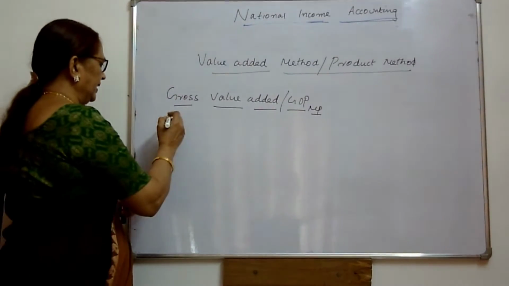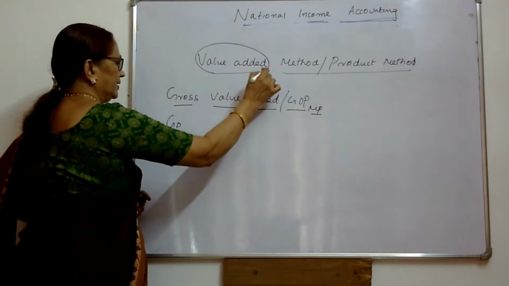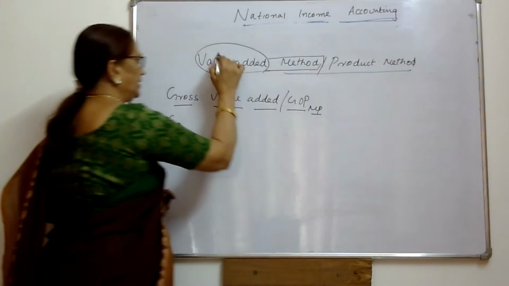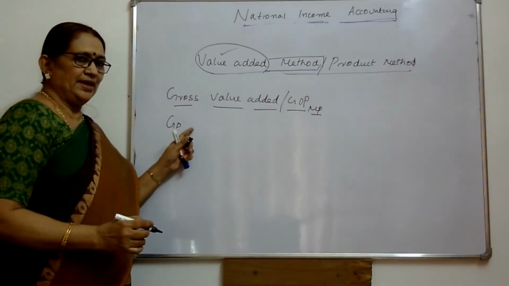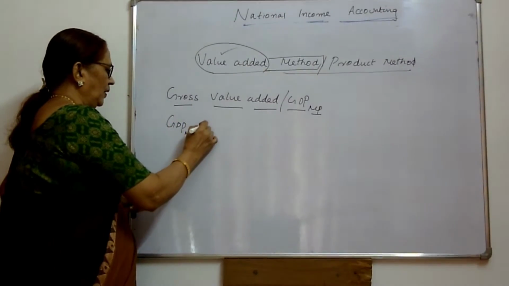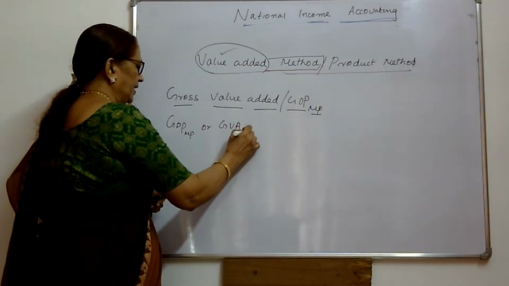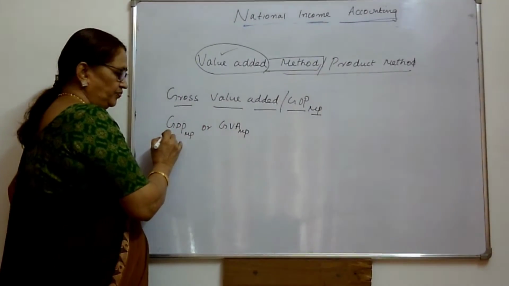How can we calculate it? According to the value added method, we can calculate GDP at market price or gross value added at market price. We know that gross includes depreciation.